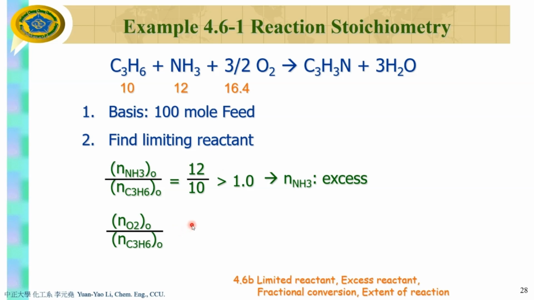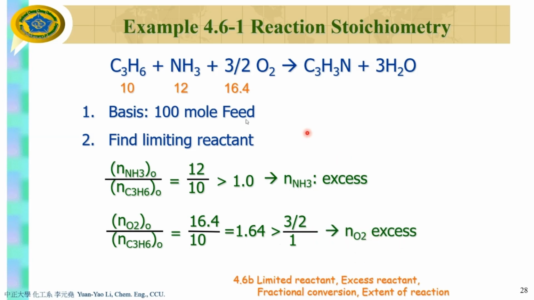It needs to be 1.5, right? If this is larger than 1.5, that means this is the excess reactant, and C3H6 is the limiting reactant. So once you do the calculation, that will be 16.4 divided by 10, and it's larger than 1.5. So oxygen is in excess.